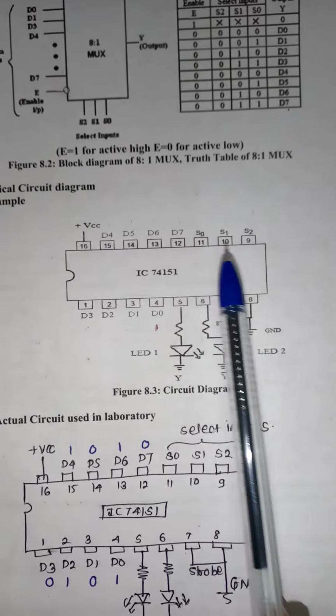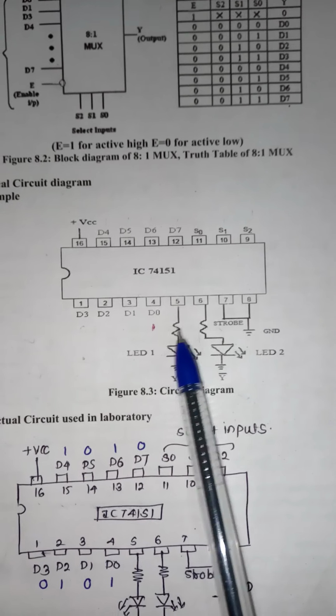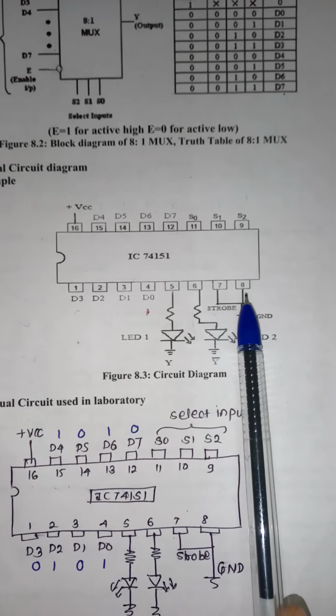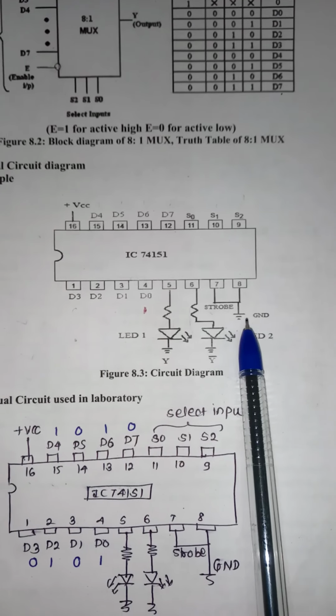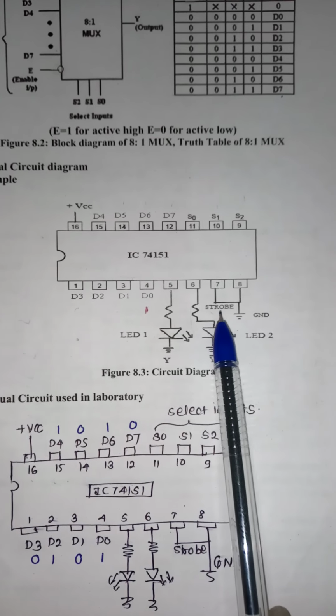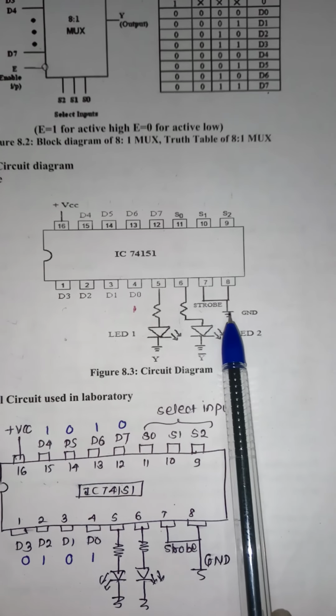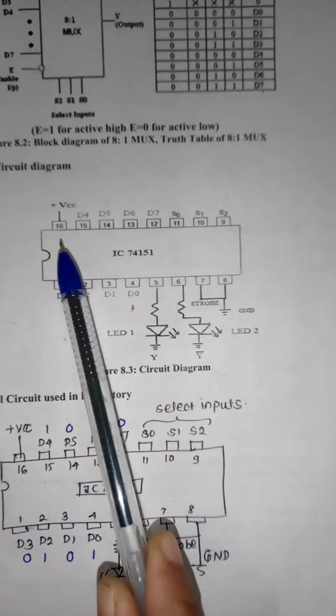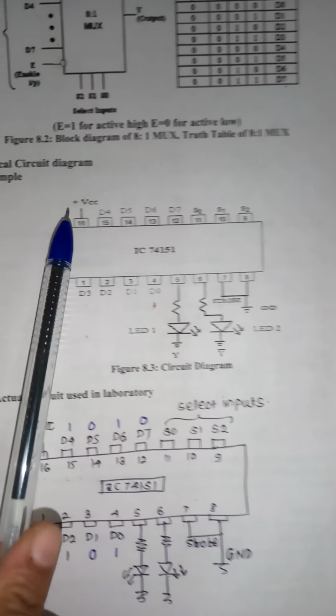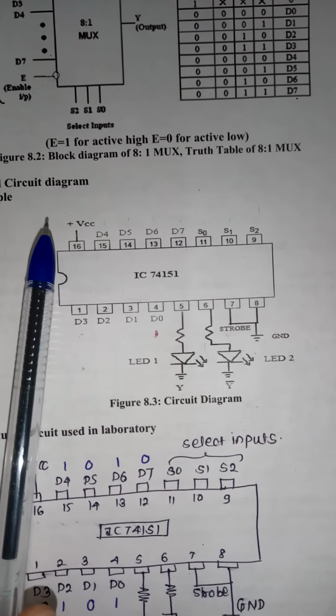Here is the circuit diagram of 8 to 1 MUX. Pin number 8 is ground. Pin number 7 is enable pin or strobe pin, that is active low, so it is connected to ground. Pin number 16 is used for VCC.